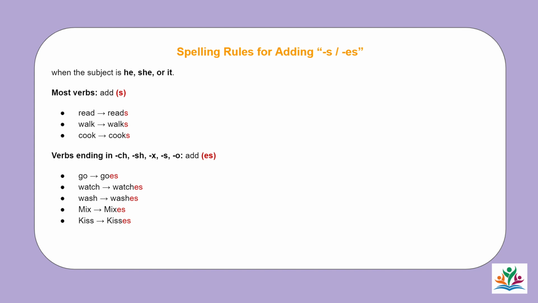Same thing for watch, since it ends with ch, we need to add an es. Same thing for mix, we need to add an es since the verb ends with an x. And same thing for kiss, since the verb ends with an s, we need to add es.